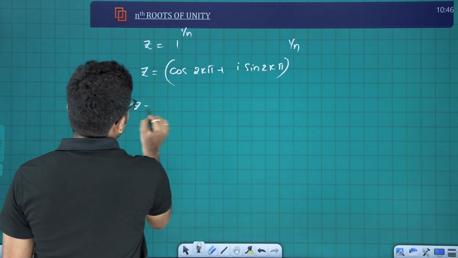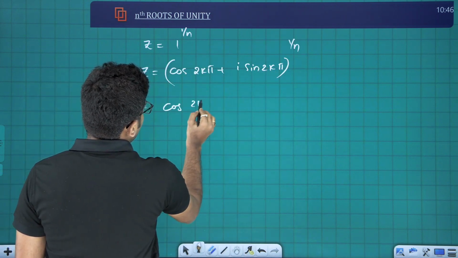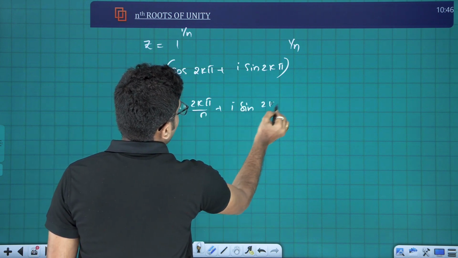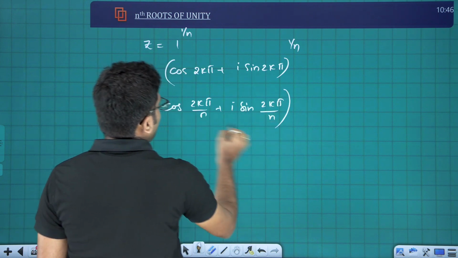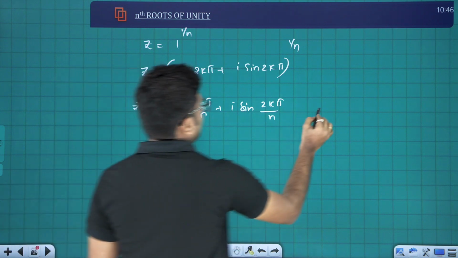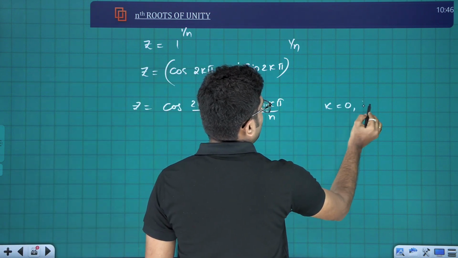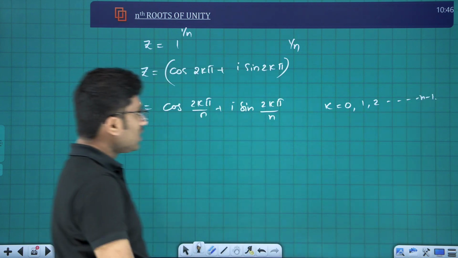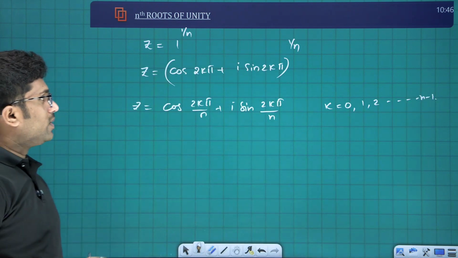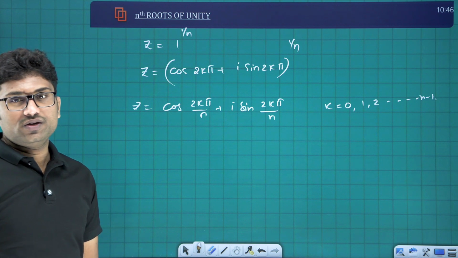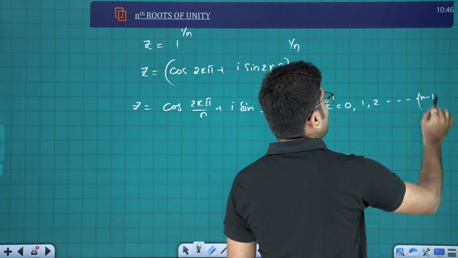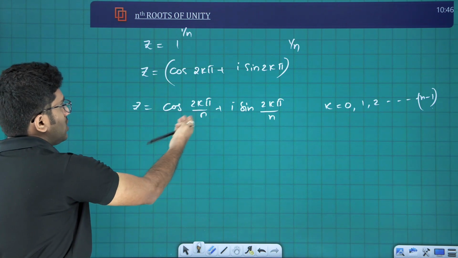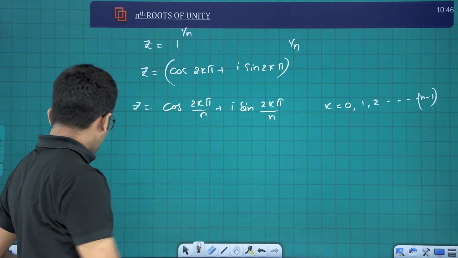Now z is equal to cos 2k pi by n plus i sin 2k pi by n. Now friends, when we take k equal to 0, 1, 2 and so on till n minus 1, you will get the nth roots of unity. Those nth roots of unity are cos 2k pi by n plus i sin 2k pi by n.